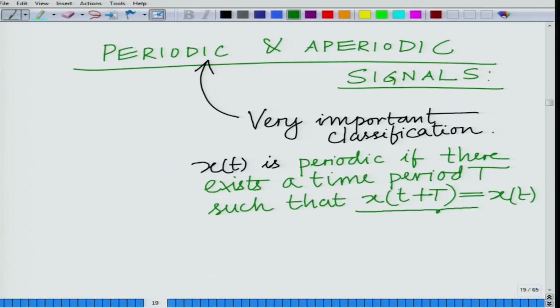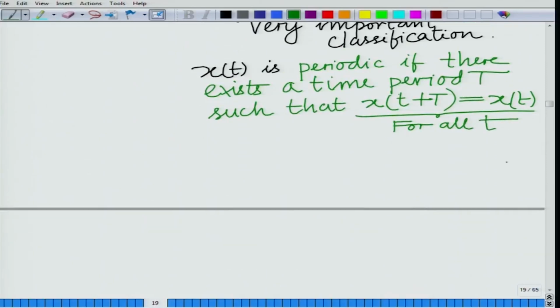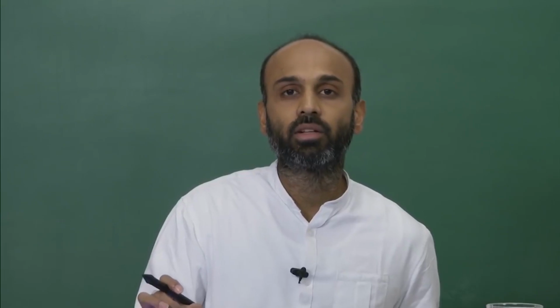This holds for all t, not a particular t, for all t. That is, there exists a time period capital T such that if you look at x(t plus T), shifted by capital T, it is equal to x(t), and this is true for all t, this is true for all time.